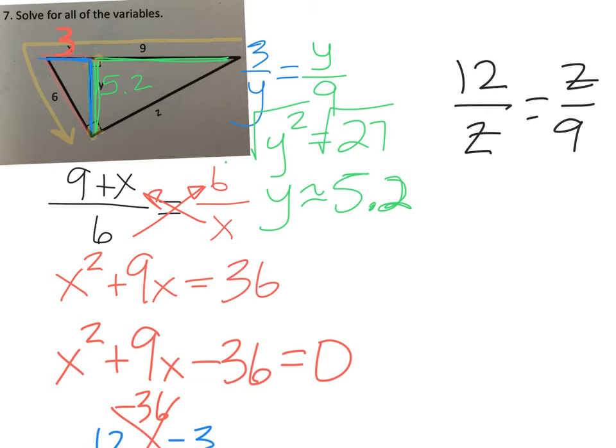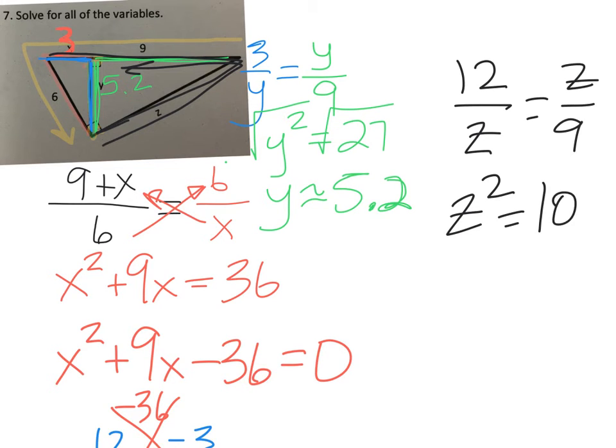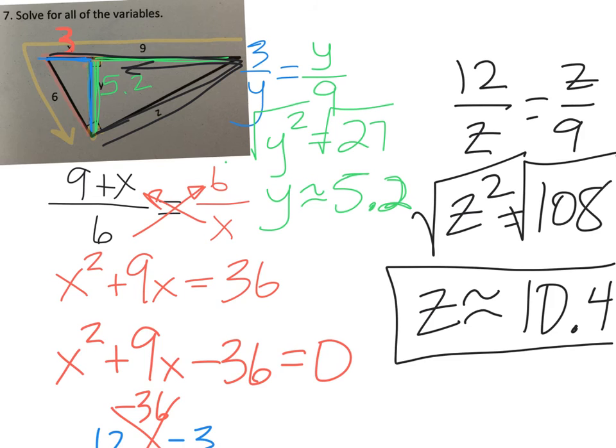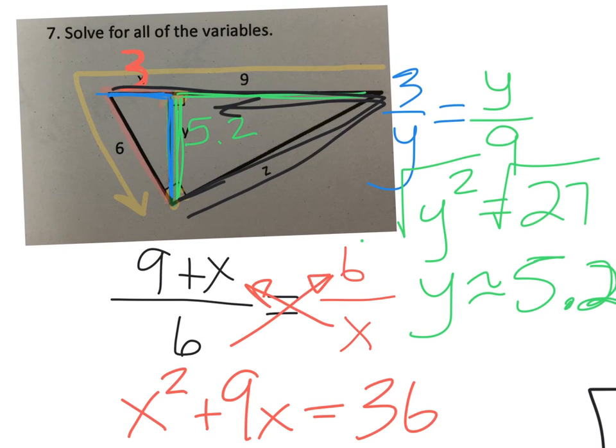Okay, so I'm comparing the hypotenuse to the long leg, and then this hypotenuse to its long leg of the medium-sized triangle. So z squared equals 108. Square rooting both sides, z is about 10.4. 10.4 sounds good.